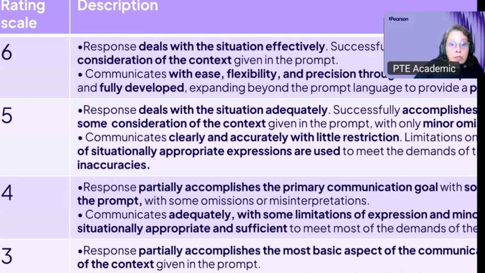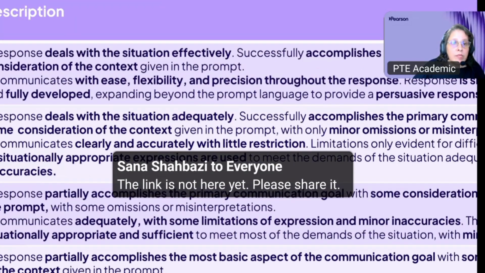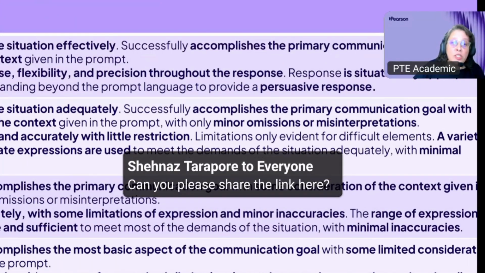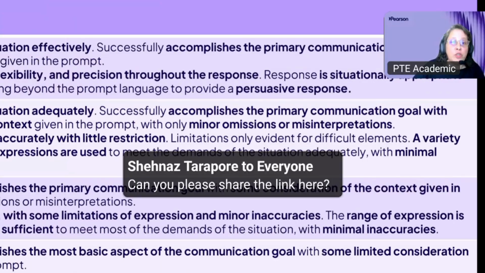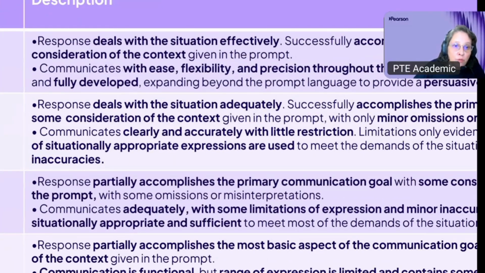So the communicative goal of apologizing is what we mean by dealing with the situation effectively. The next mentions it successfully accomplishes the primary communication goal with full consideration of the context given in the prompt.